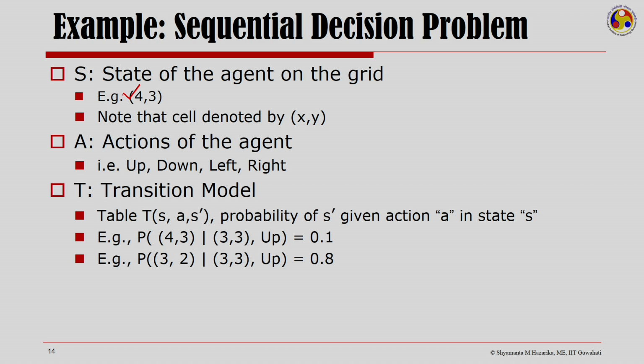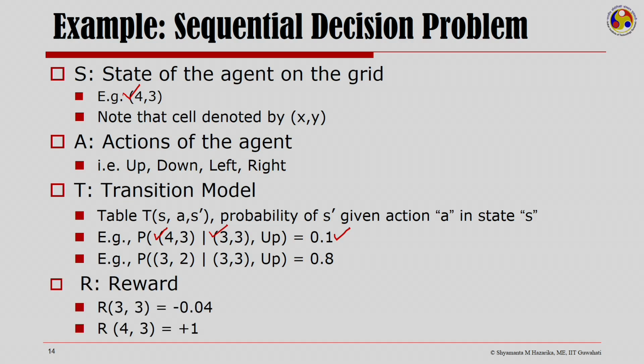So, we could say certain things like being in 4, 3 and the next state being 3, 3, the probability of up is 0.1. So, I would have a table that gives me the probability of S prime given action A in state S. And finally, I have the rewards. As already mentioned for our example, except for the goal states, the reward is assumed to be minus 0.04.